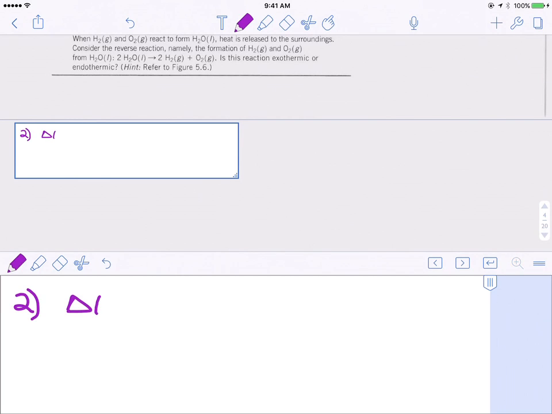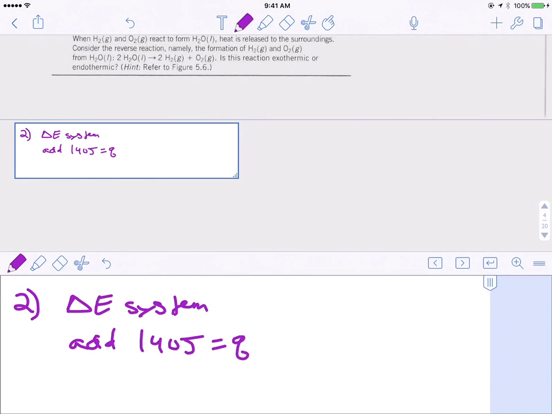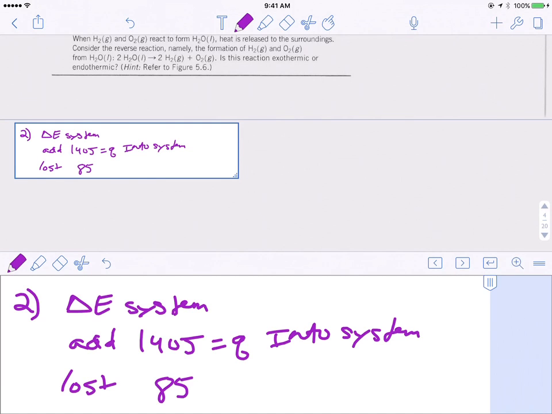So we have internal energy of a system. We added 140 joules of heat energy into the system and lost 85 joules of work out of the system.